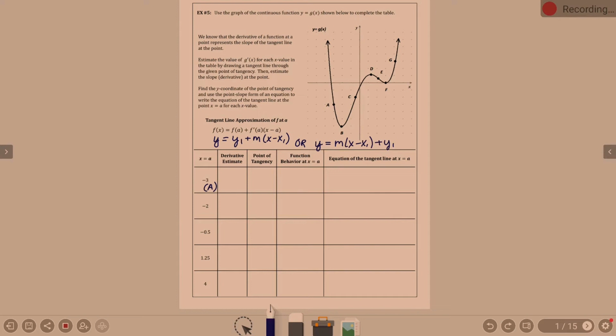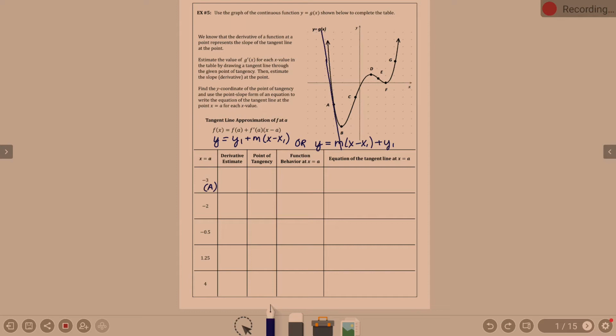I will say that. This one's a hard one for me. Nope, my tangent line curved. Okay, well, that's what you're getting from me. We're going to deal with it.